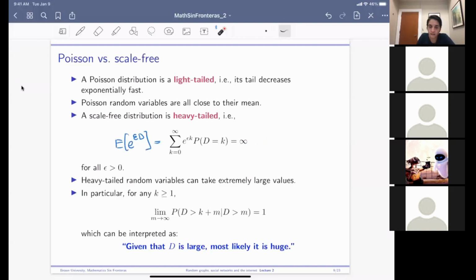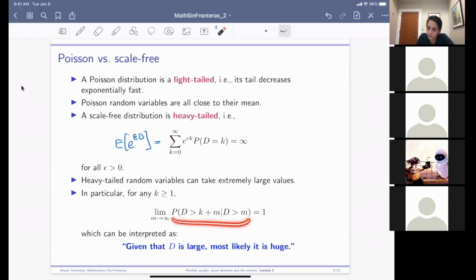And it's typical in most real world networks, as you can read about, where the distribution of the degrees decays as a power, usually with some exponent between 2 and 3. Mathematically, what it means to be heavy-tailed is the following.